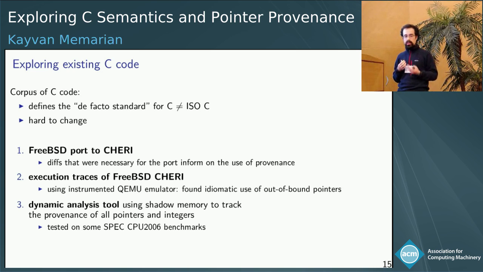Just by looking at the changes they had to do, but also just by knowing that they managed to port FreeBSD and get it to boot, it means that this semantics is not too restrictive for an operating system. We also wrote a dynamic analysis tool which implements checks for our provenance semantics and ran them on some benchmarks from SPEC CPU 2006, and we managed to get them to run. So for real C code, it doesn't seem to be too restrictive.